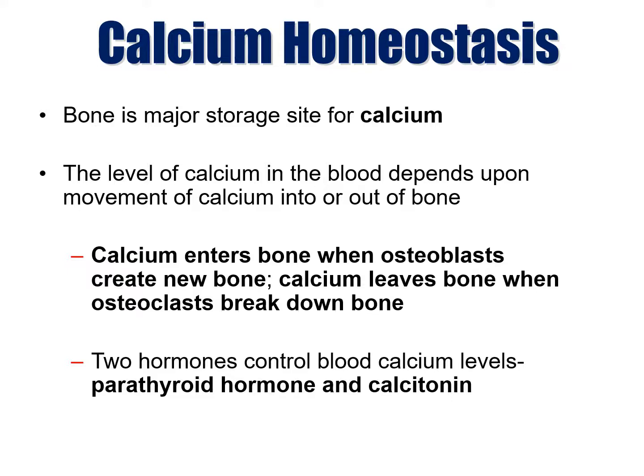So the level of calcium in blood is maintained by the moving in and out of calcium from the bone. Whenever the level of calcium drops in the blood, the osteoclasts become very active and they start breaking the bone matrix and they release calcium. So calcium comes back into blood and it elevates the level of calcium back to normal.